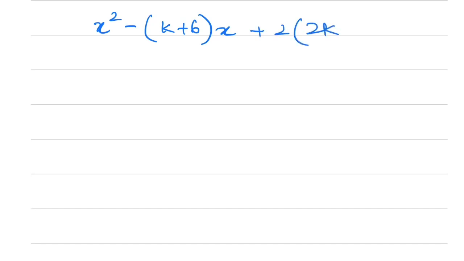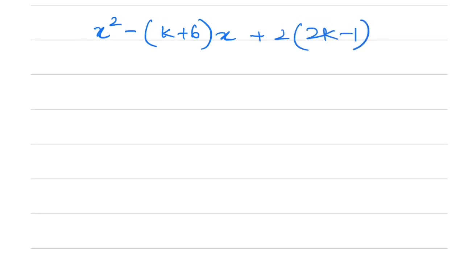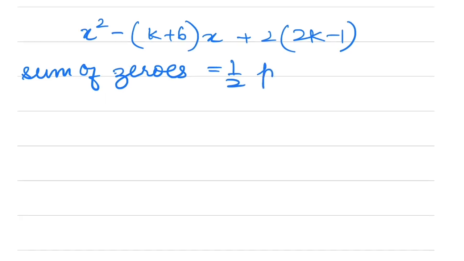We are given the equation x square minus (k plus 6)x plus 2(2k minus 1), and we have to find the value of k.